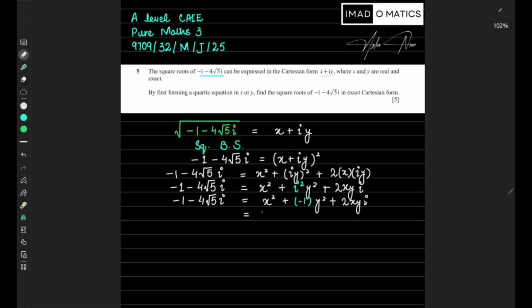Then it comes out to be x square minus y square plus 2xy iota.